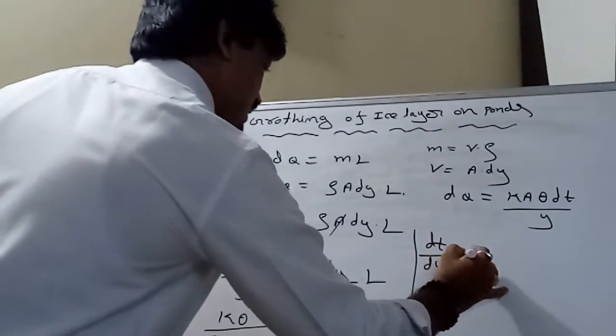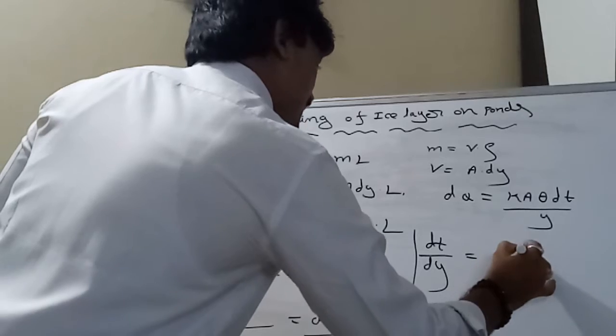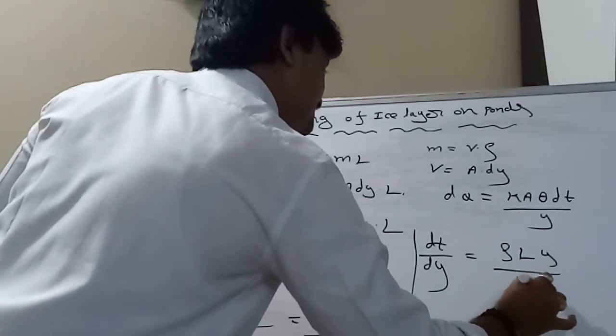Taking the reciprocal, dy by dt equals rho L y by K theta.